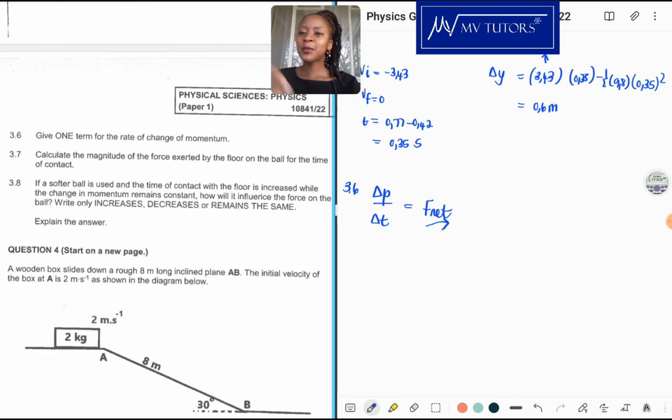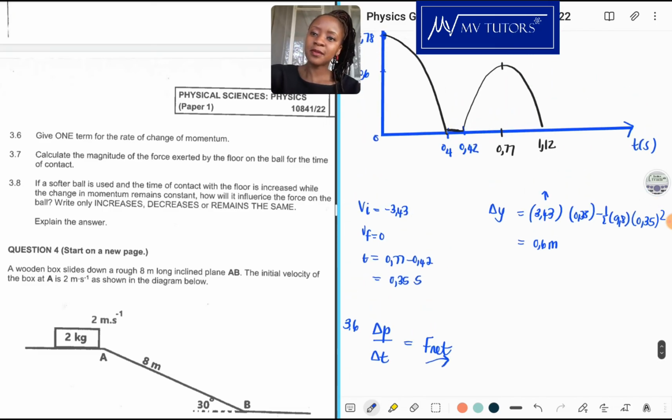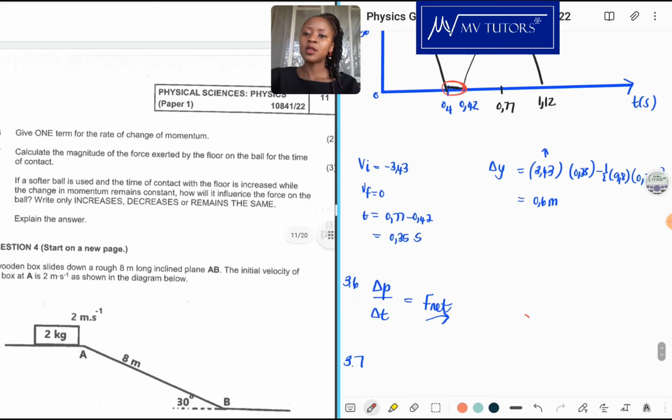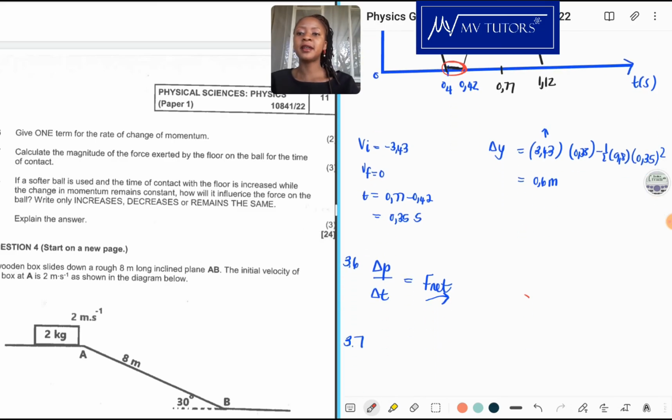Okay, now 3.7, it says calculate the magnitude of the force exerted by the floor on the ball for the time of contact. So during this period over here, basically we have delta P over delta T. We know our delta T, because the contact was 0.02 seconds.